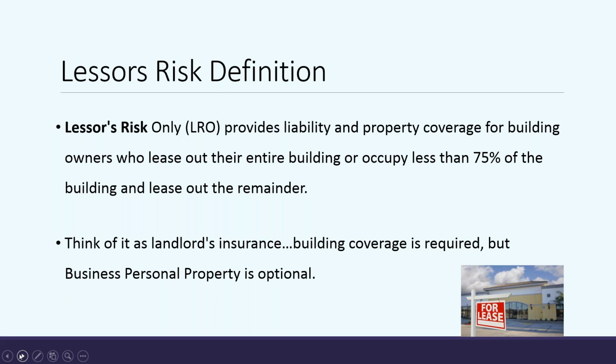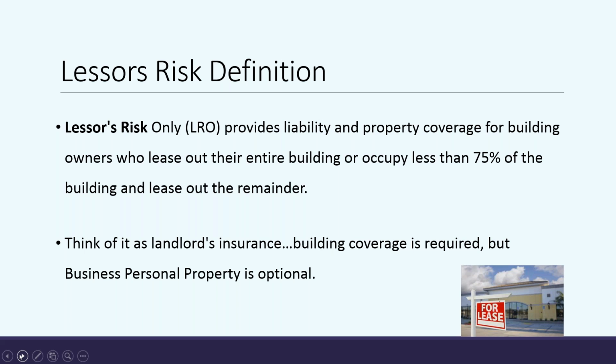The building owner obviously is the one who owns the building, and they can either occupy the building themselves, or lease it out. If they're leasing it out, it's going to a tenant, and the tenant is the one leasing the space from them. As the building owner, they are the landlord, and so they're responsible for insuring the building, unless in their lease they have a triple net lease in place with their tenant, meaning the building owner is transferring the responsibility to insure the building onto their tenant.